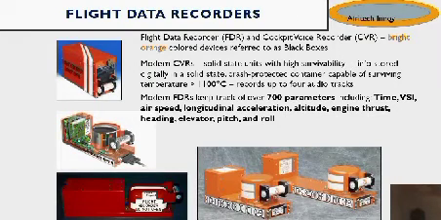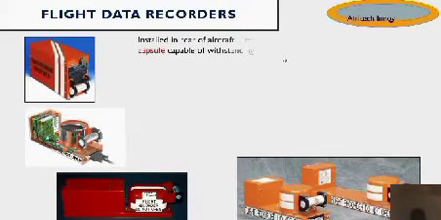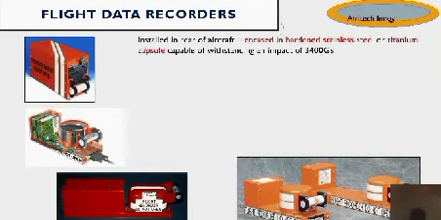You can see examples of these FDRs as demonstrated in various aircraft, and it is installed in the rear of the aircraft, encased in a hardened stainless steel or titanium capsule capable of withstanding an impact of 3,400 Gs.